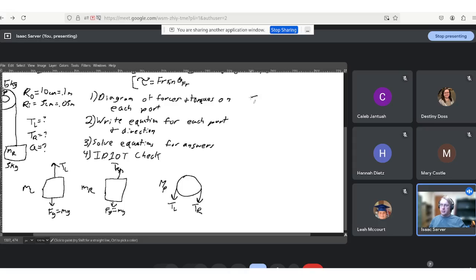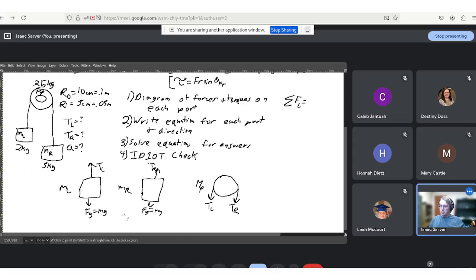So we have the sum of forces on the left. I should also assign directions.